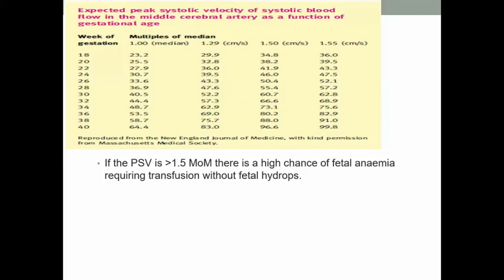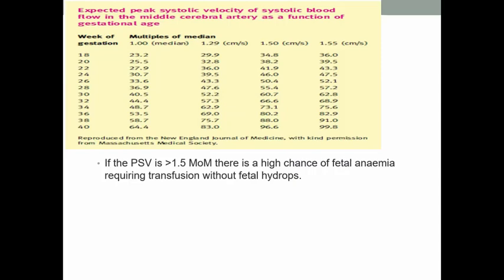She found out that a peak systolic velocity of more than 1.5 multiples of the median is abnormal. If that value comes as more than 1.5, it is not a value that you have to memorize. It will be given by the computer. Only the cutoff you have to memorize: more than 1.5.